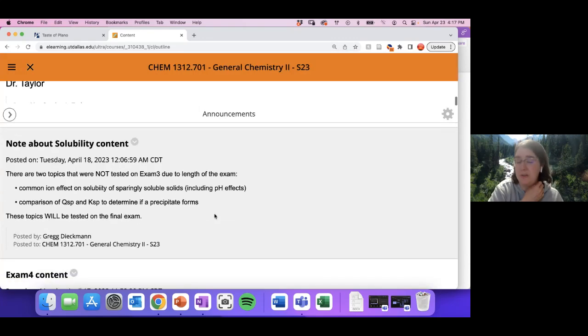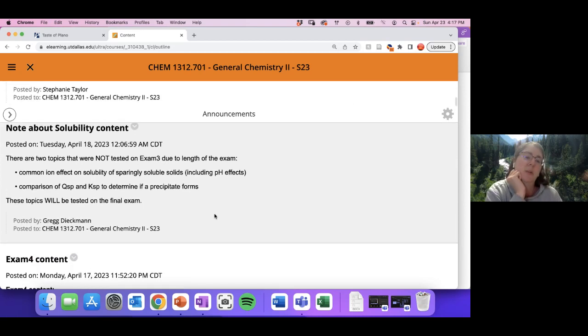Okay. So a note about the solubility content. It says there are 2 topics that were not tested on exam 3 due to length of the exam, and they're listed: the common ion effect on solubility and the comparison of QSP and KSP. Then it says underneath that these topics will be tested on the final exam.